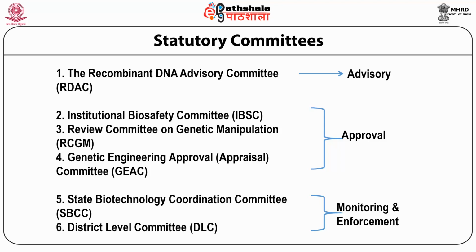It advises what sort of project should be undertaken. Then there are 3 committees which have an approval role. They approve the projects to be undertaken at various institutes and laboratories. They are Institutional Biosafety Committee, IBSC, Review Committee on Genetic Manipulation, RCGM, and Genetic Engineering Approval Committee, GEAC.